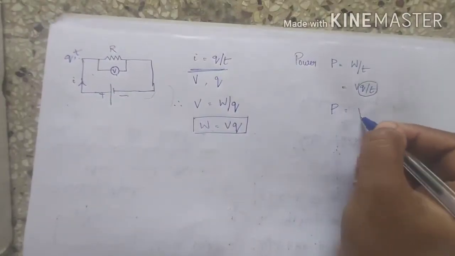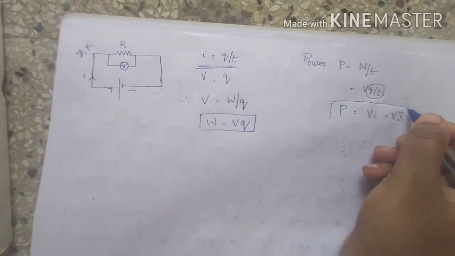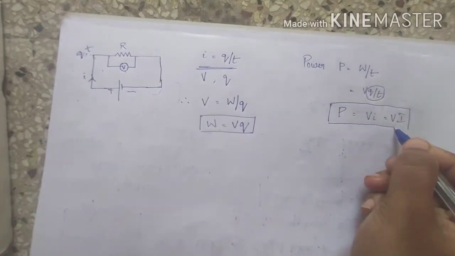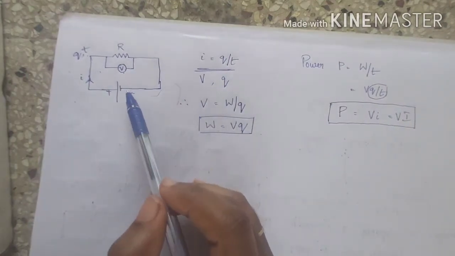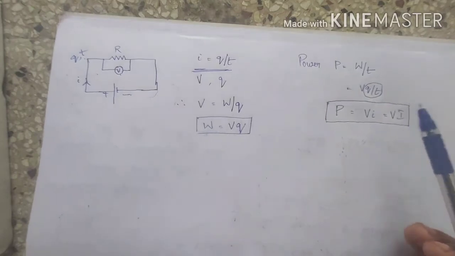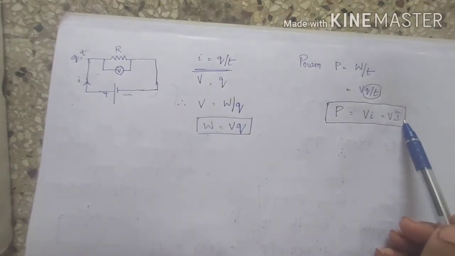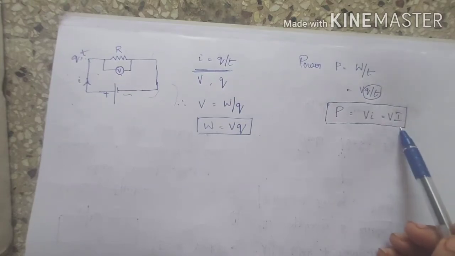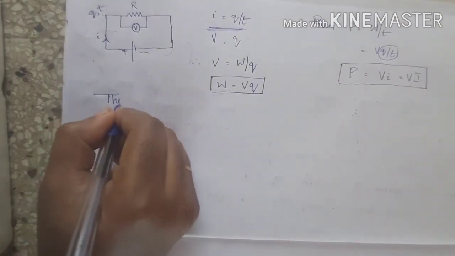So power is equal to V into I. This is the formula for the power generated when you are using an electrical appliance in a time interval T. So power can be defined as the product of voltage and the current passing through the circuit.